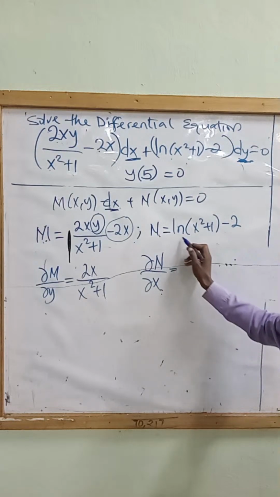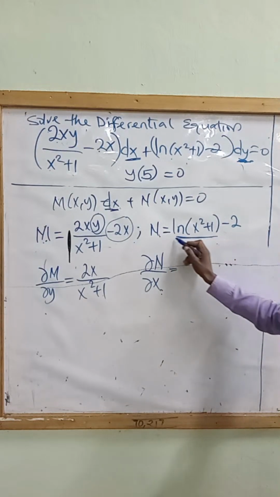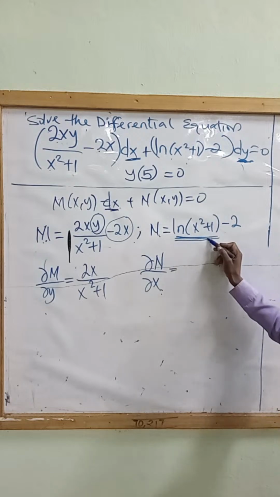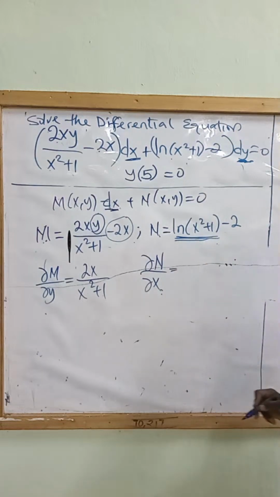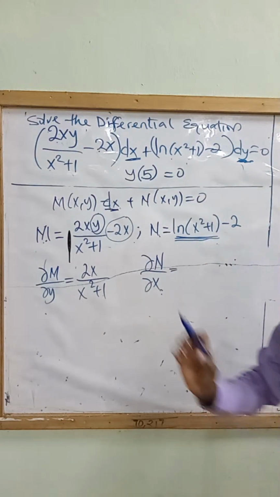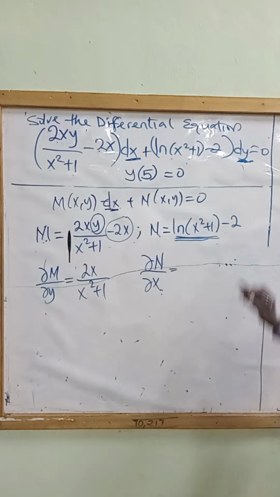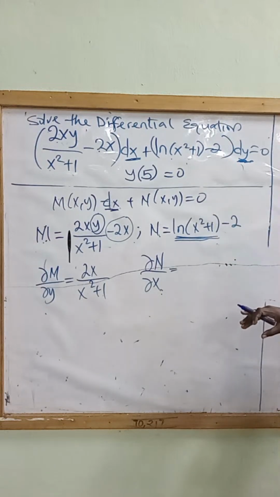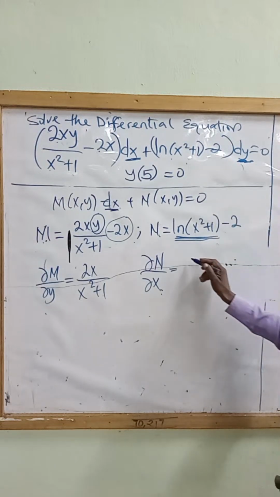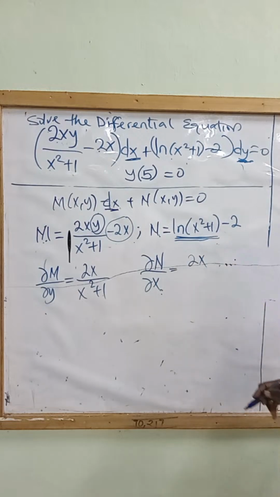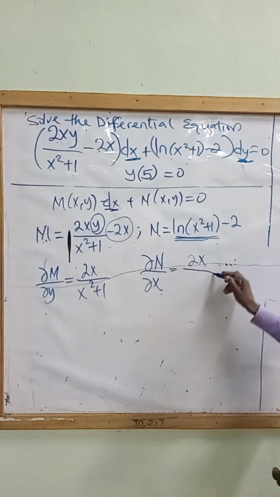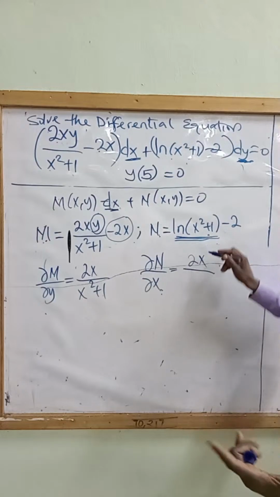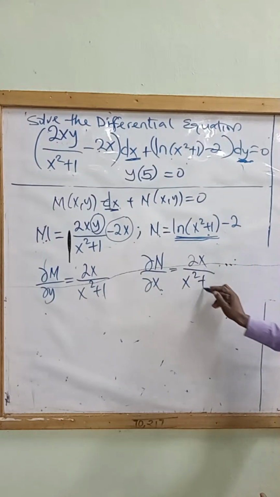Look at the function we have: a natural logarithm. How do you differentiate that? Very simple. You take the inner function, differentiate that with respect to x, and that'll be 2x over the function itself, that's x squared plus 1.